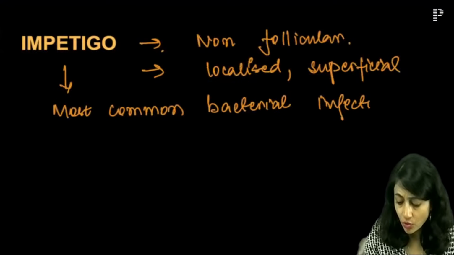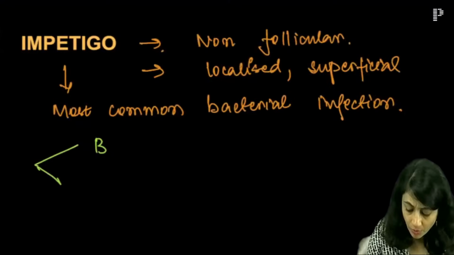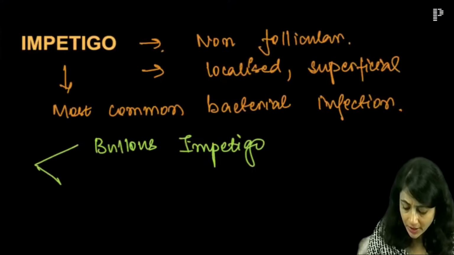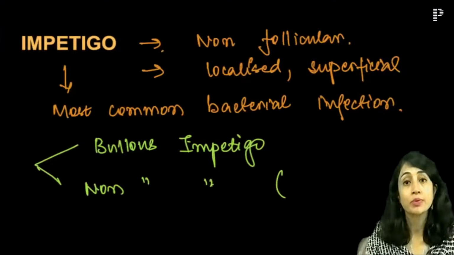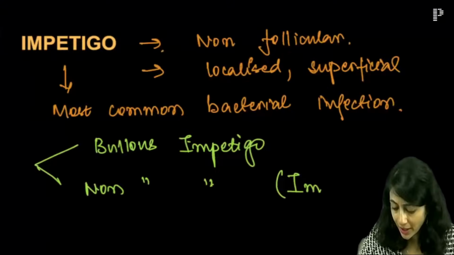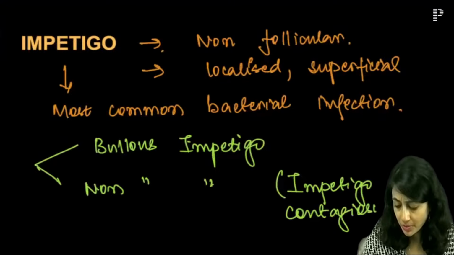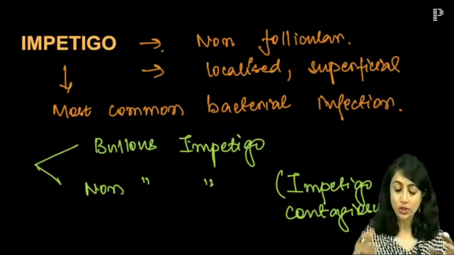Impetigo is further divided into two types, bullous impetigo and non-bullous impetigo. Non-bullous impetigo is also called impetigo contagiosum. Contagiosum is something which spreads, so non-bullous impetigo spreads contiguously.